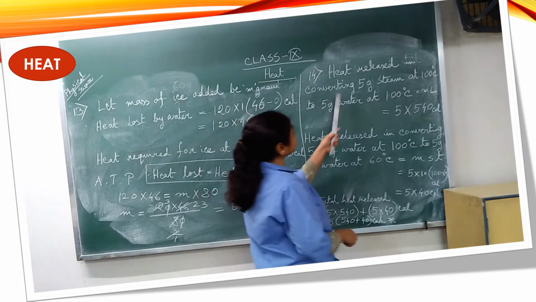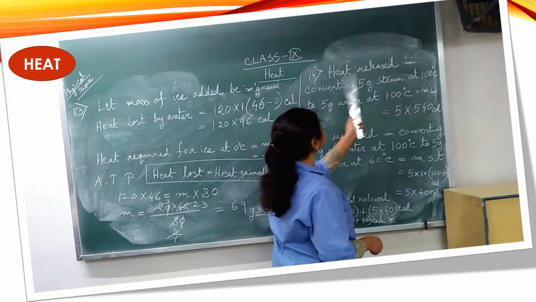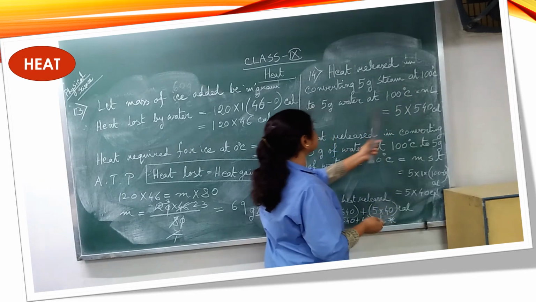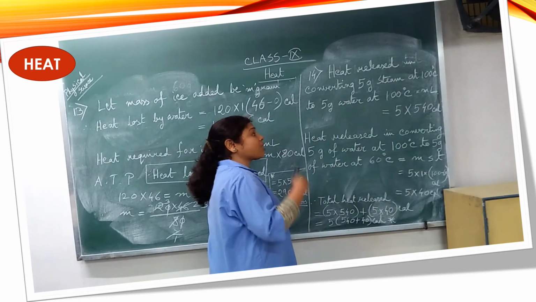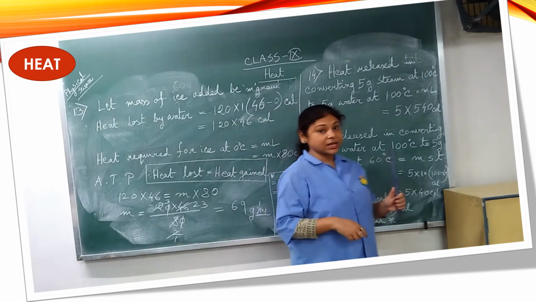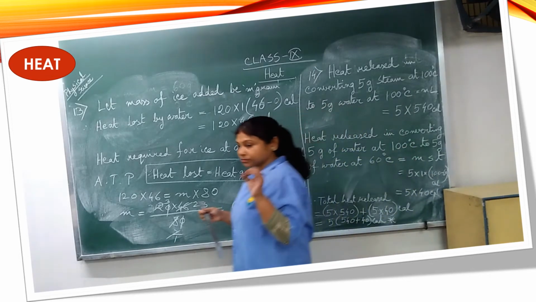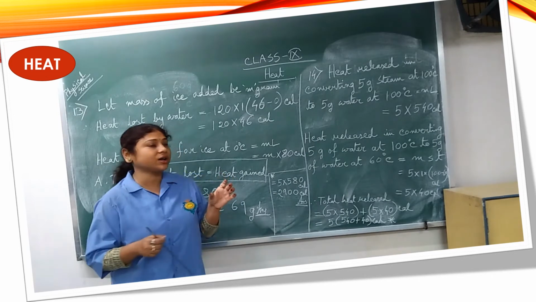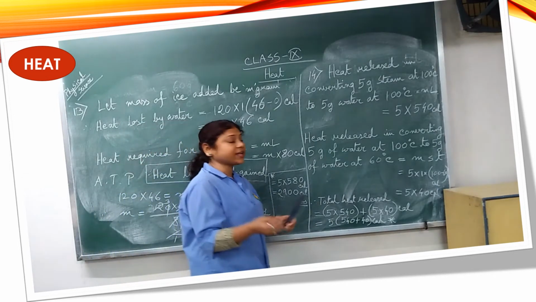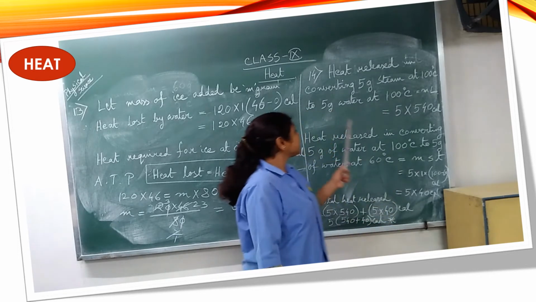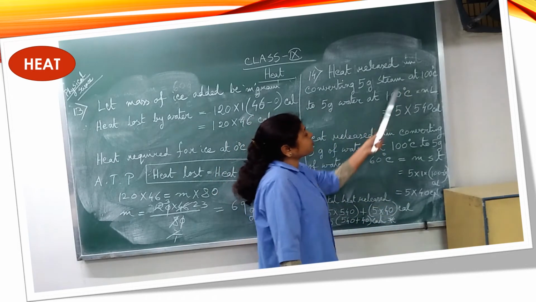So let's start with this: heat released in converting 5 gram steam at 100 degrees Celsius to 5 gram water at 100 degrees Celsius. Obviously, this point is to be noticed that in the case of latent heat, changing of latent heat, temperature will not change. That's why I have mentioned the temperature in both the cases.